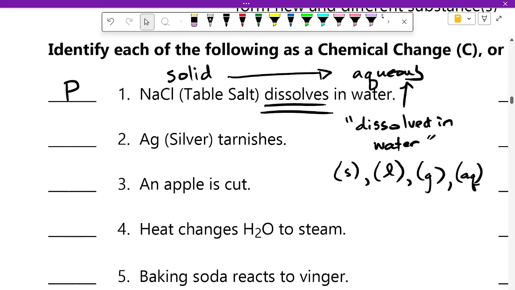Good question. Silver tarnishes. Sometimes people don't know what tarnished silver looks like because nobody has actual silverware anymore. Does anybody have silverware? What happens to it if you let it sit for a long time?